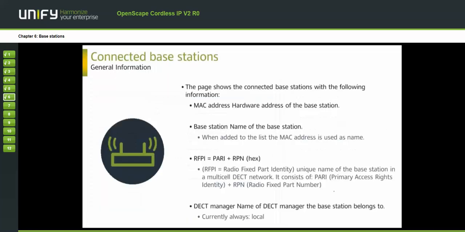The IP address type is copied from the settings of the DECT manager on the IP network. We can change that address type, and the settings for the DECT manager and the base stations do not have to match. So for the base stations, for example, I can use IPv6 addresses, while for the manager I can use an IPv4 address.